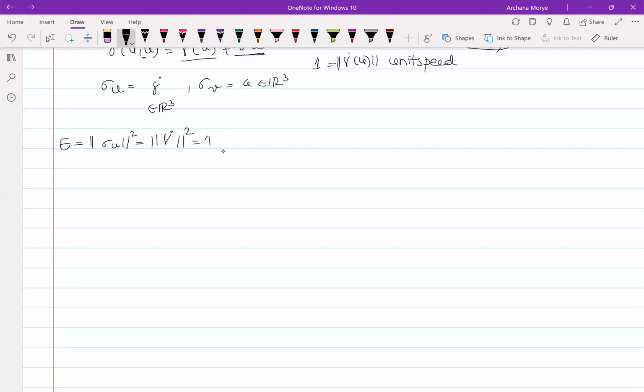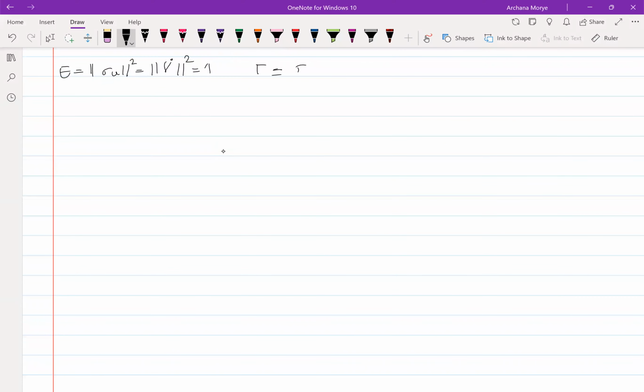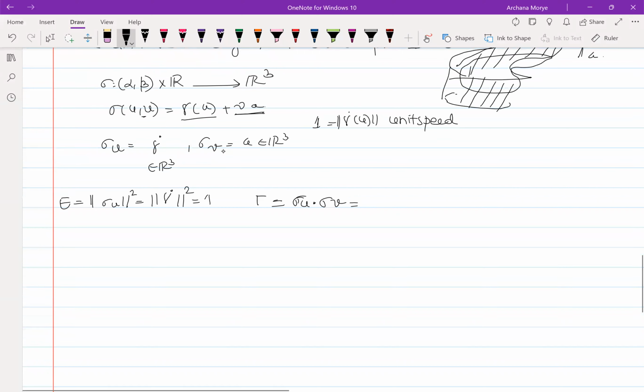So this is 1 then. And what is F? F is sigma u dot sigma v, right? Sigma u dot sigma v is gamma dot product with A, but we are assuming that A and gamma dot are perpendicular. So what will this dot product be? 0, right?